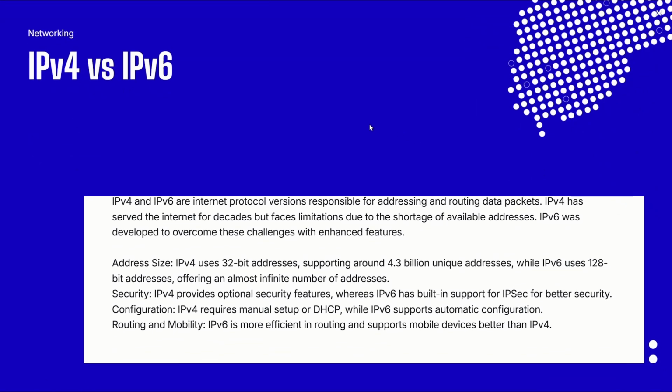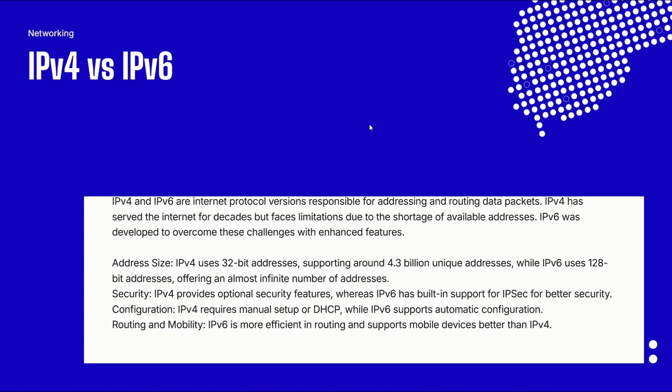Let's compare IPv4 versus IPv6. IPv4 is like a city with a limited number of street addresses, about 4.3 billion, but we are running out. IPv6 is like building a new city with practically unlimited addresses, enough for every grain of sand on earth.